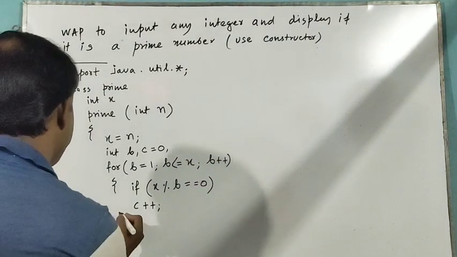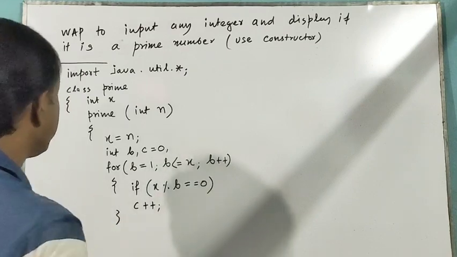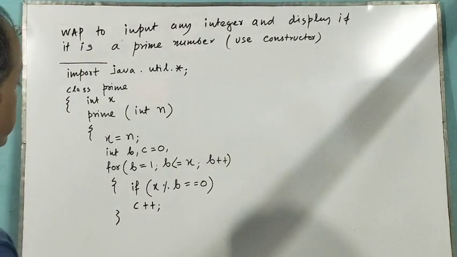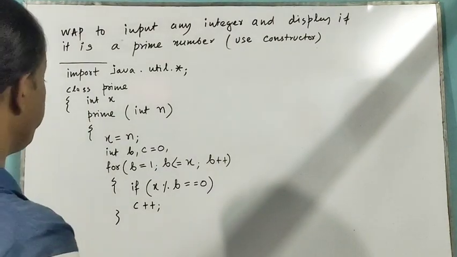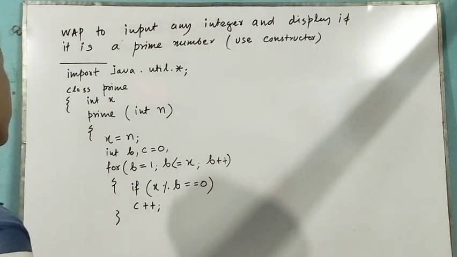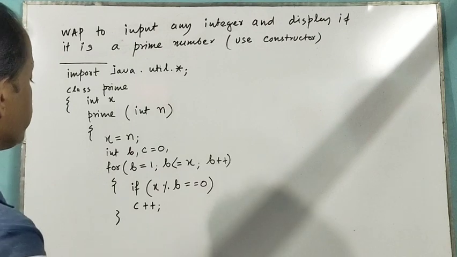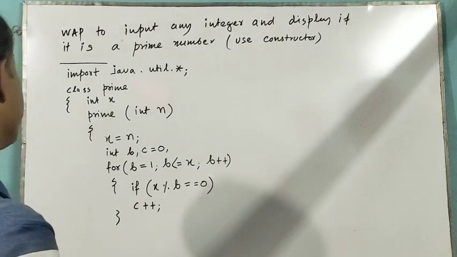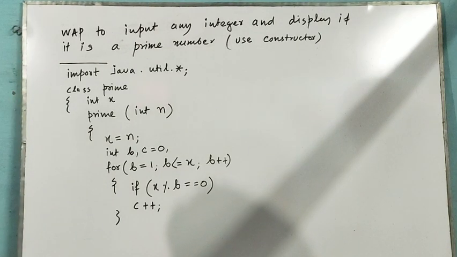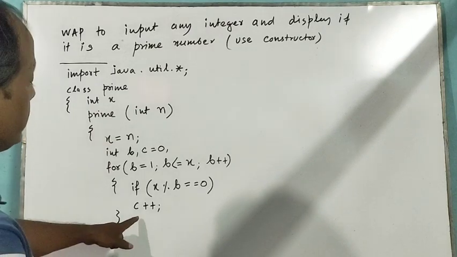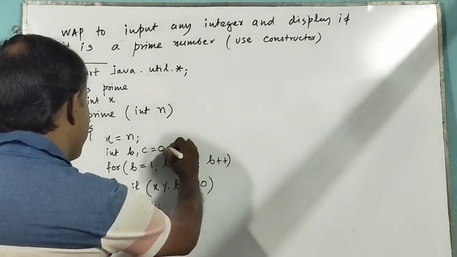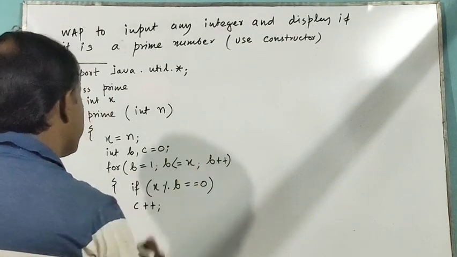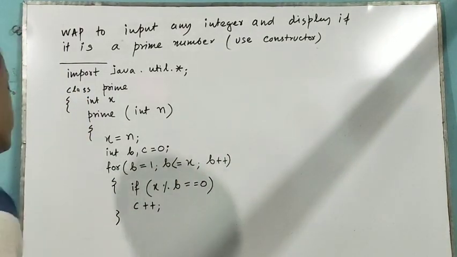Now, after finishing the for loop, x is divided by all the values of b and we counted how many times x is divisible by b, and that count is stored in c. Now, how can we check whether x is a prime number or not?